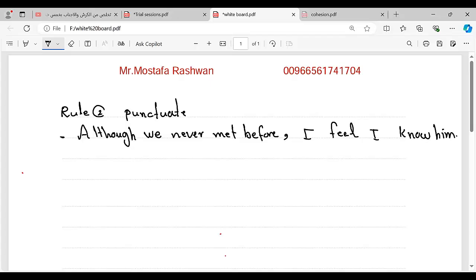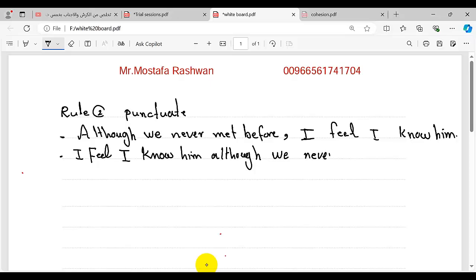Here are two sentences. Let's write the same two sentences here: "I feel I know him, although we never met."